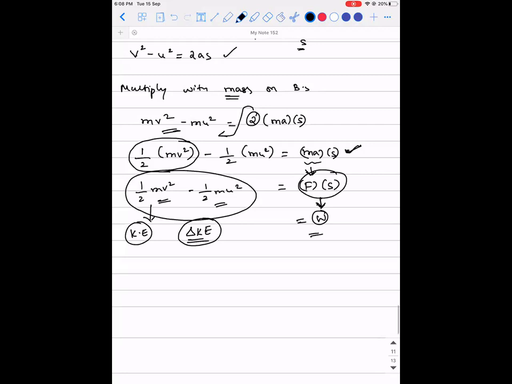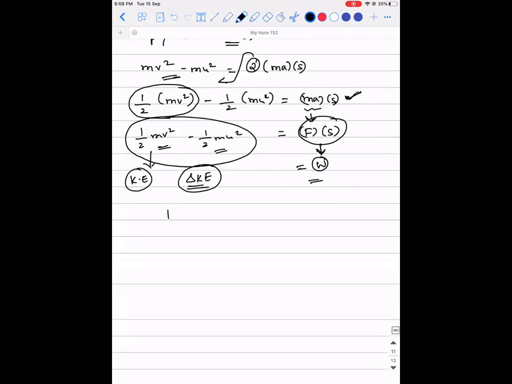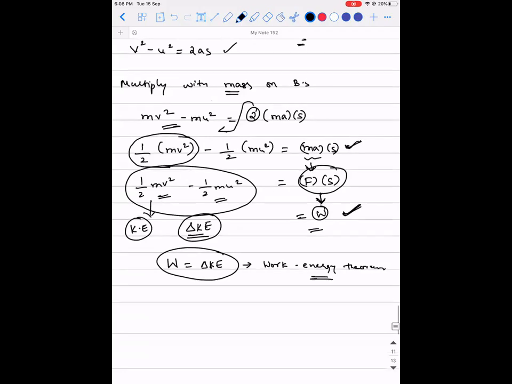Okay. So this work done is equal to change in kinetic energy is what is called as work energy theorem. You need to have this in your mind. Write down this derivation. Sir, could you go a bit up?